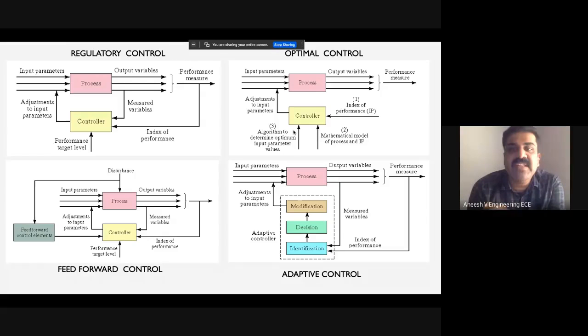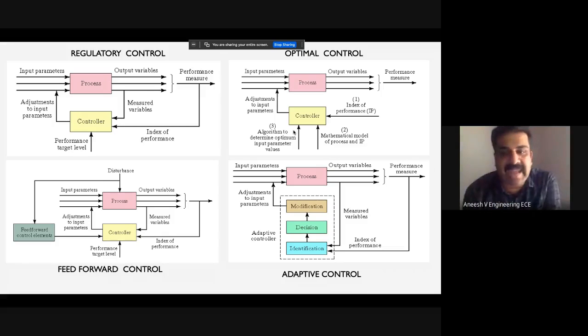That is, we have the index of performance along with the mathematical model and an algorithm to determine the optimum input parameter. With these 3 terms, we are designing and implementing an adjustment in the input parameter. This is known as optimal control.